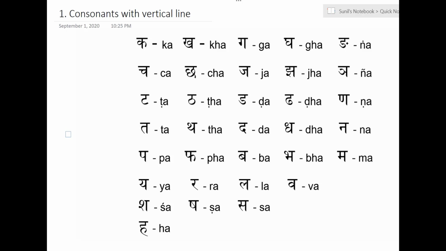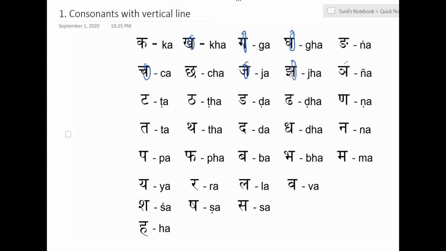Let's take consonants with a vertical line at the end. Here you can see a significant number of consonants have a vertical line at the end. So you can see here Ka has a vertical line, Ga has a vertical line, Gha has a vertical line, Cha also has it. I'm just going to mark the consonants that have a vertical line at the end.